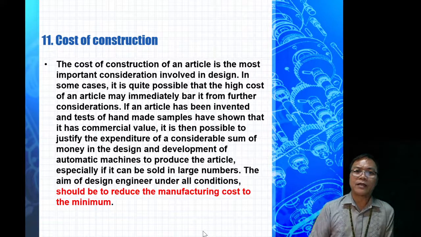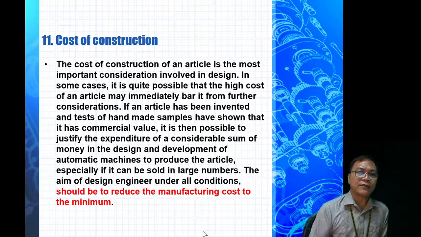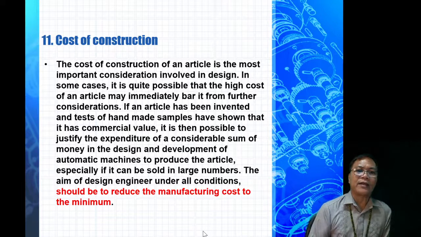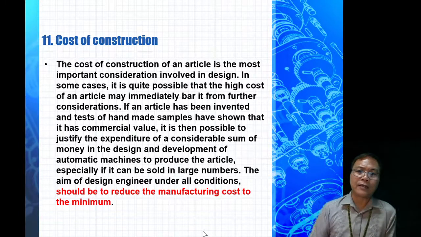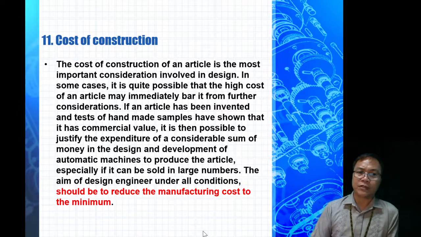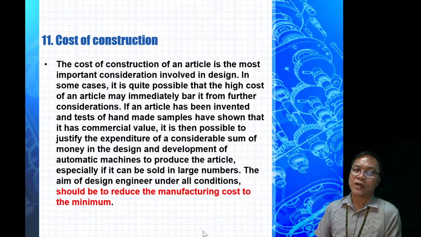So if an article has been invented and tests of handmade samples have shown that it has commercial value, it is then possible to justify the expenditure of a considerable sum of money in the design and development of automatic machines to produce the article, especially if it can be sold in large numbers. The aim of the design engineer under all considerations should be to reduce the manufacturing cost to the minimum.